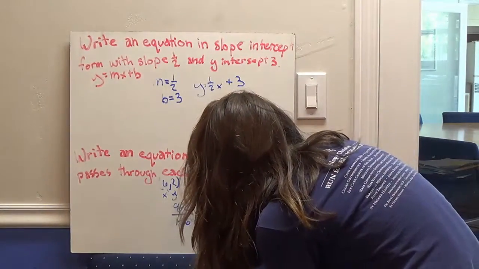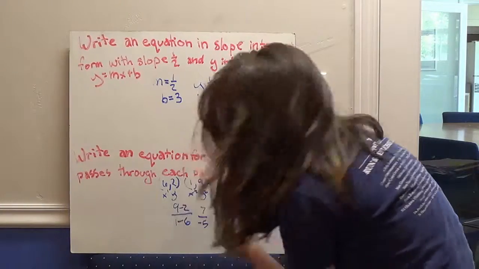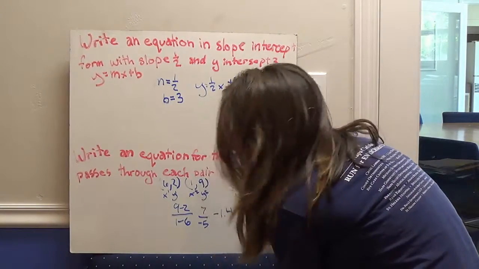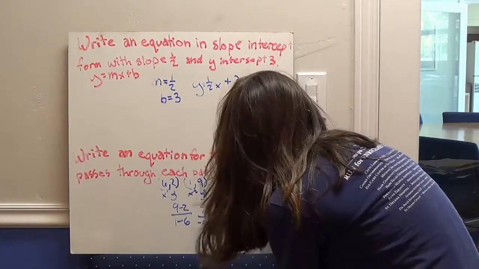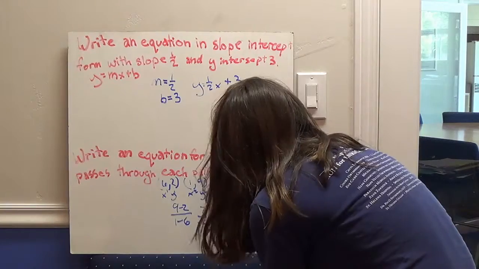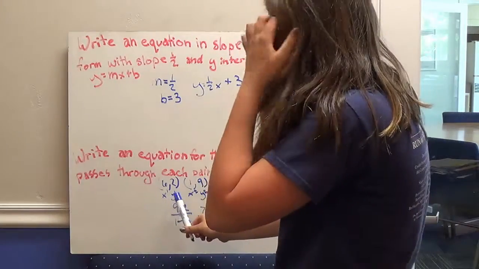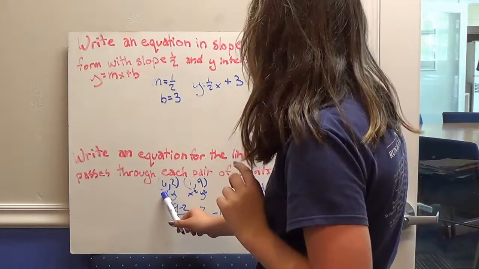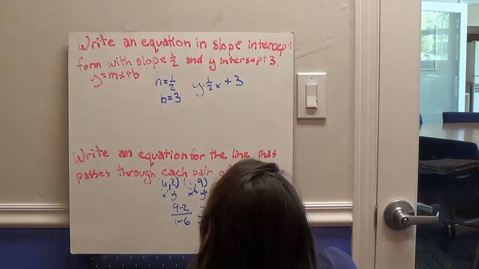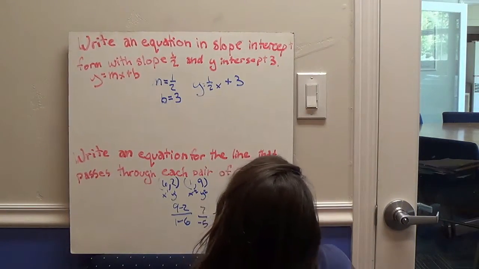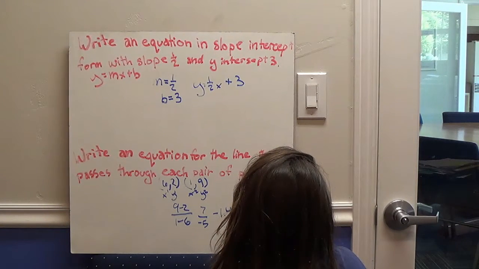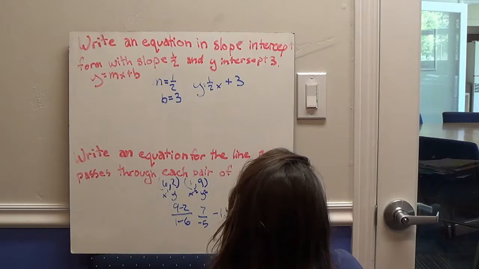And now that we have that, we can plug in almost everything else. So y equals negative 1.4x plus b. And it's 6 because that's our x, and then our y is 2. So I'm going to plug that in next. 2 equals negative 1.4 times 6 plus b.